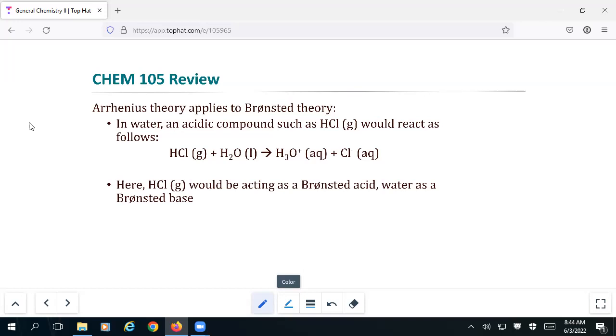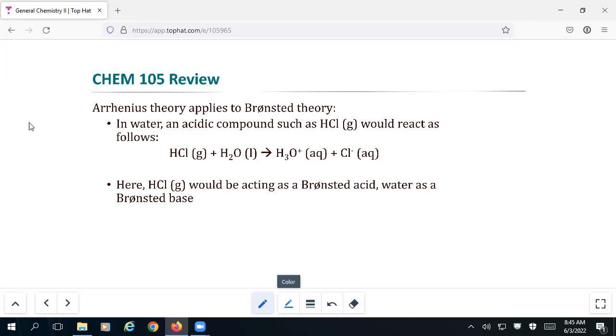And what we could see in Bronsted theory is that it was basically a better explanation than Arrhenius theory. Everything that Arrhenius theory did fit into the Bronsted theory as well. So when we talked about things like ammonia, we couldn't identify the ammonia as having a hydroxide to lose.